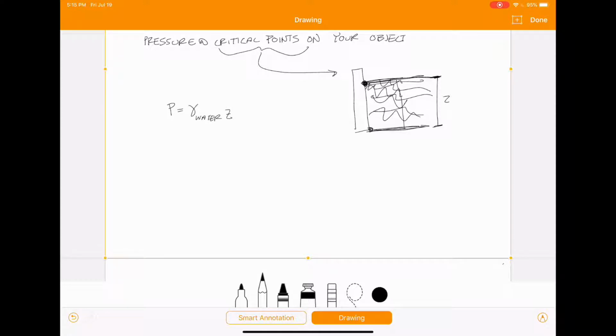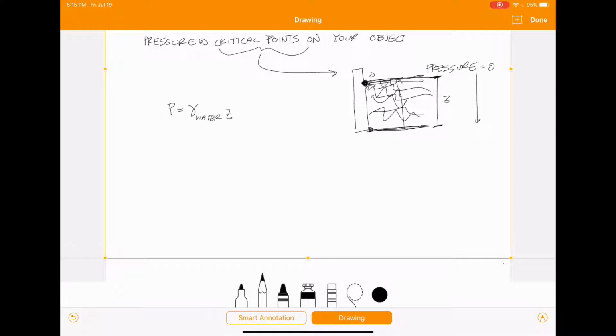So that there is going to be Z. And Z for the critical point at the top here is just going to be 0. So pressure up here is going to equal 0, which makes sense, right? If you're at the top of the water, there's no pressure, and then as you move down, your pressure is going to increase.